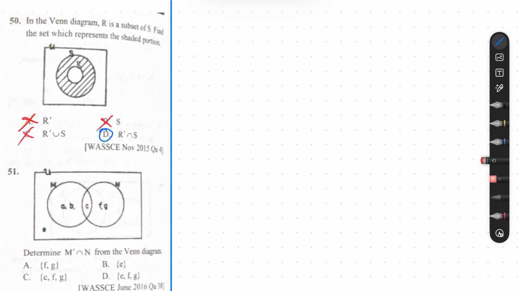Okay. So the question says we've been given a Venn diagram and we need to determine M prime, that's M complement, intersection N, from the Venn diagram. So now let's list all our elements down so we can see properly.